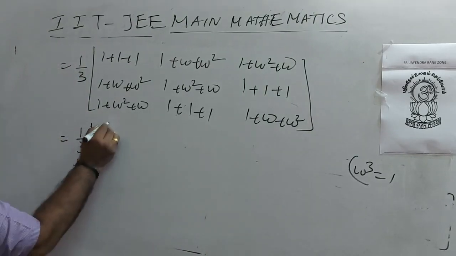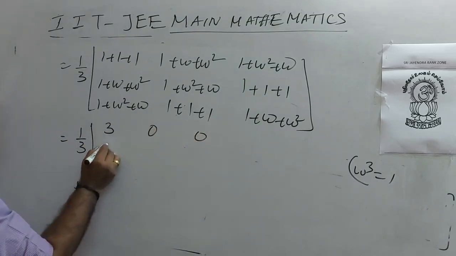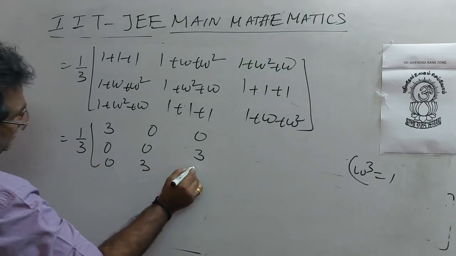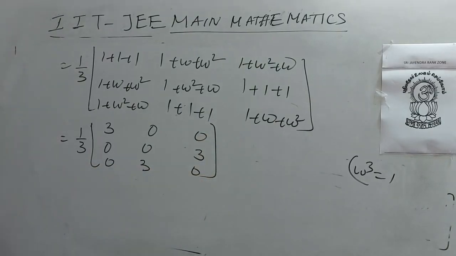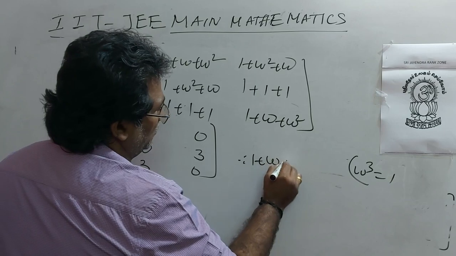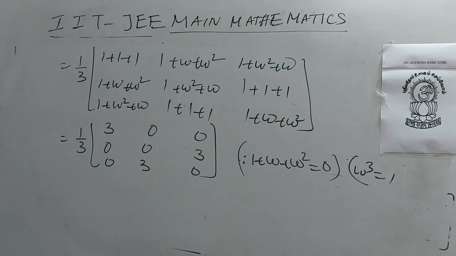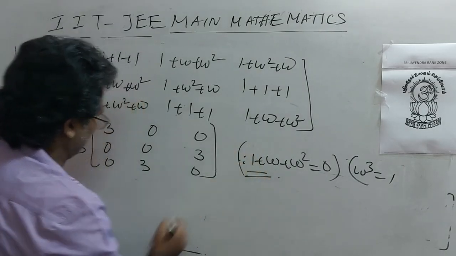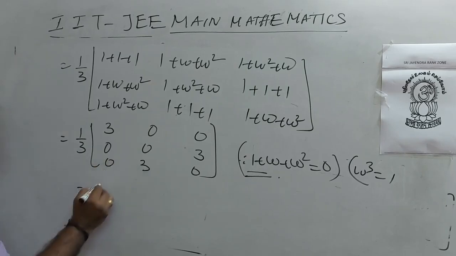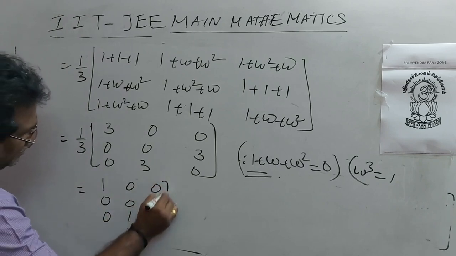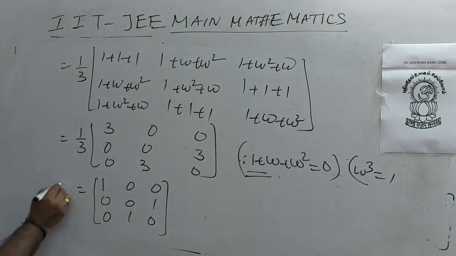So 1 by 3 into [3 0 0], [0 0 3], [0 3 0], since 1 plus omega plus omega squared equal to 0. The sum of cube roots of unity equals 0, you would have studied in complex numbers. Here 1 by 3, bring inside: [1 0 0], [0 0 1], [0 1 0], that is A squared.